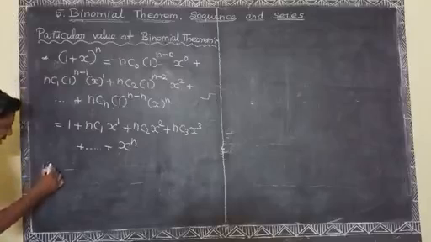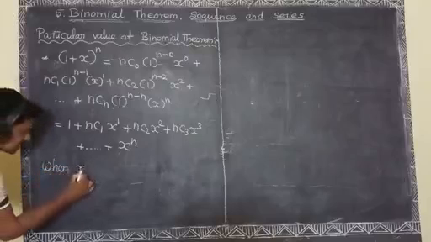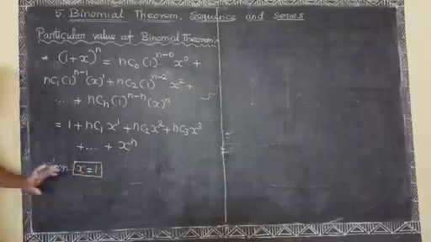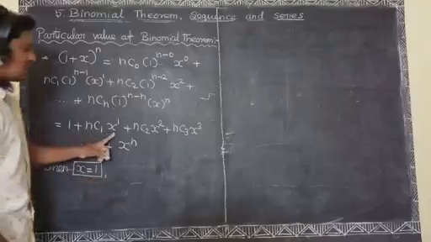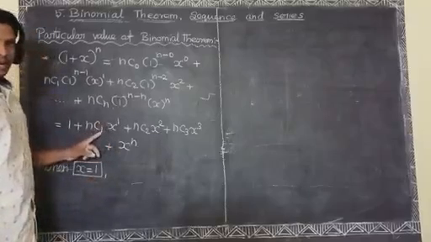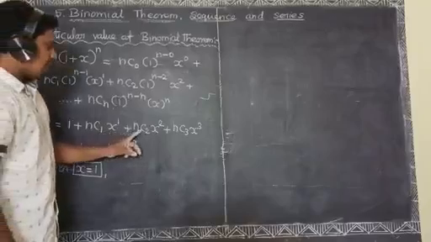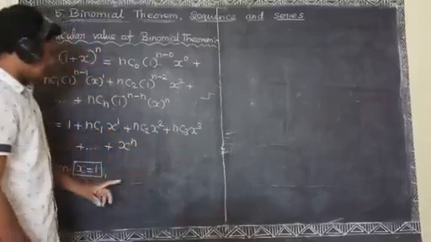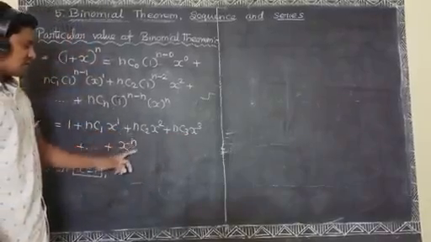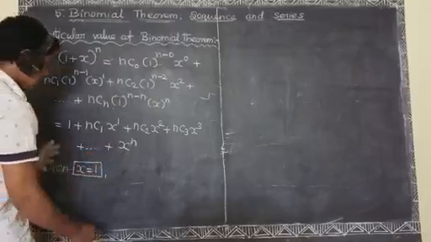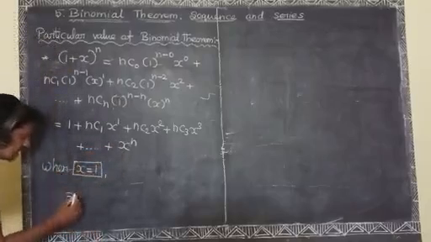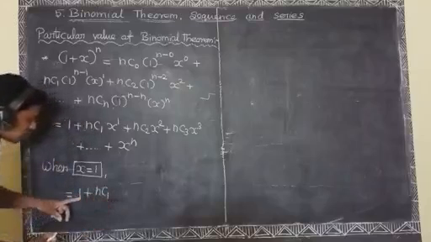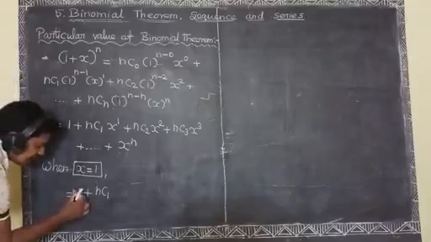Here, when x equal to 1, substituting x equal to 1 means 1 into nc1, 1 into nc2, 1 into nc3, and similarly the last term is 1. Here that is 1 plus nc1, where the 1 can be written as nc naught.